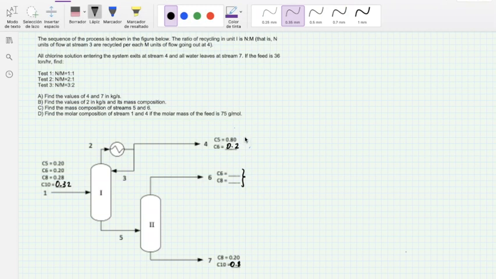Another thing we can know right away is that if the composition at 4 is this one, there is no reason that at 3 should be different. So at 3, I'm going to say that C5 equals 0.8, and C6 equals 0.2. That's the composition at 3 because it's the same stream being here and going there.